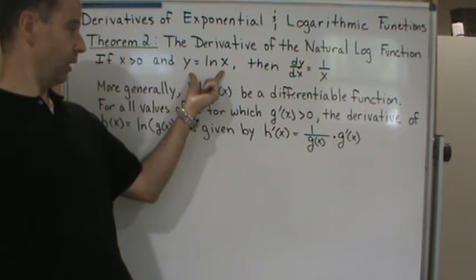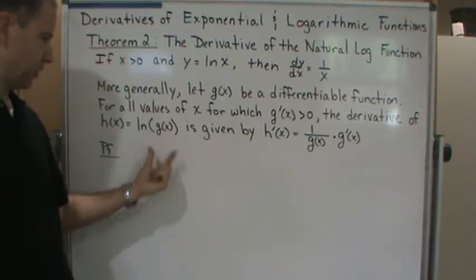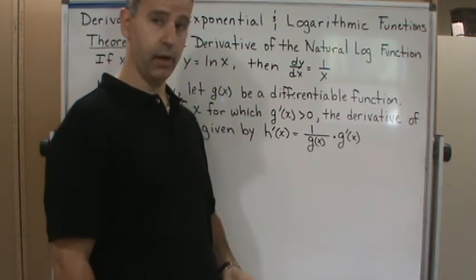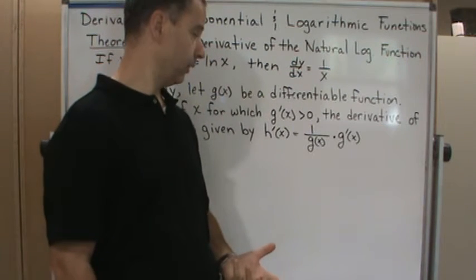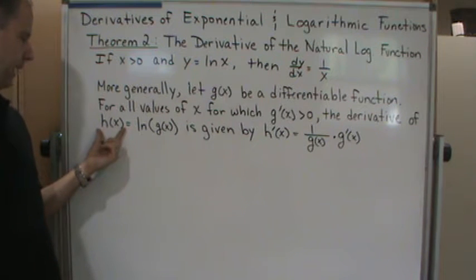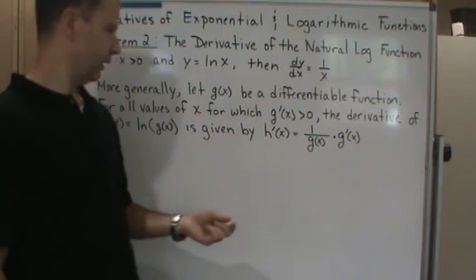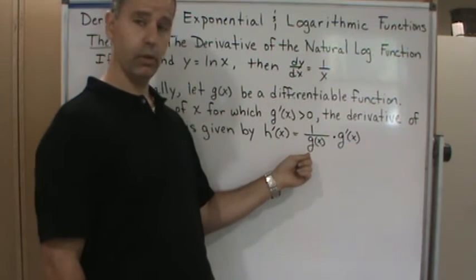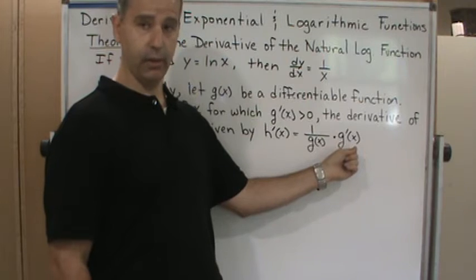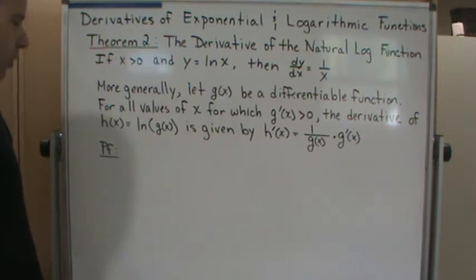In general, if we're taking the natural log of some function, it's 1 over the function times the derivative of the argument. So the derivative of h of x equal to natural log of g of x is going to be 1 over the argument, which is g of x, times the derivative of the function in the argument, which is g prime of x.